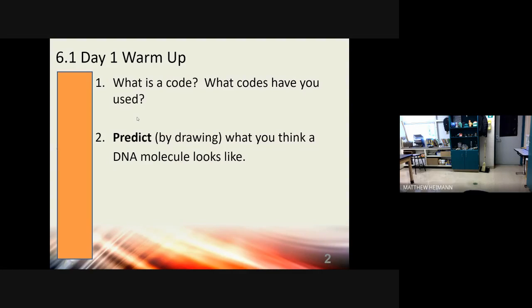A code could be like a secret word, like your PIN code on your phone. Similar, yeah, for sure. Oh yeah, I've got both.